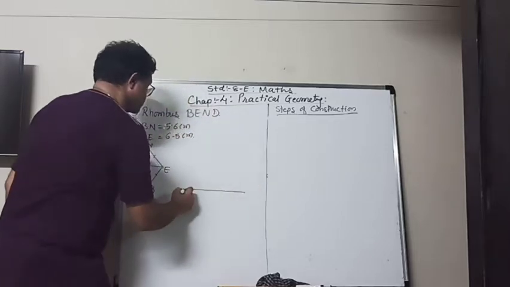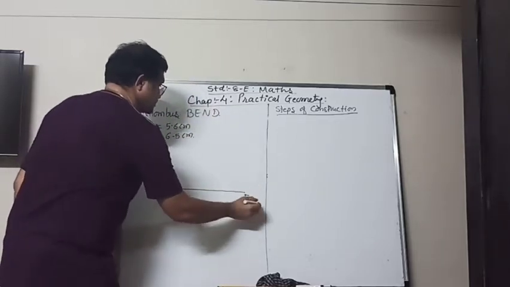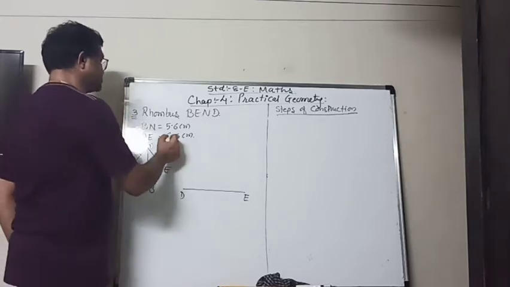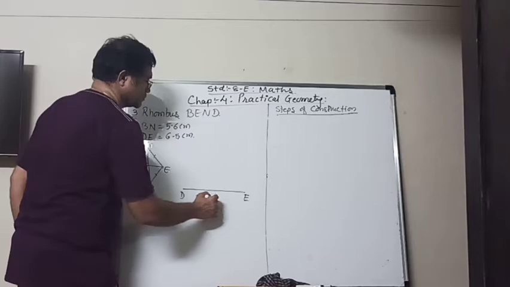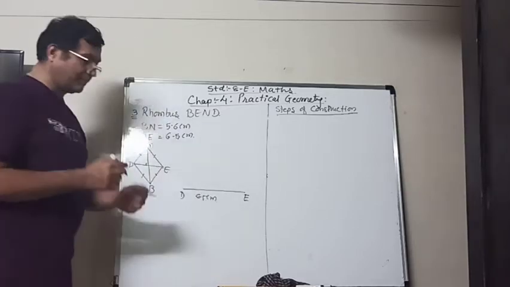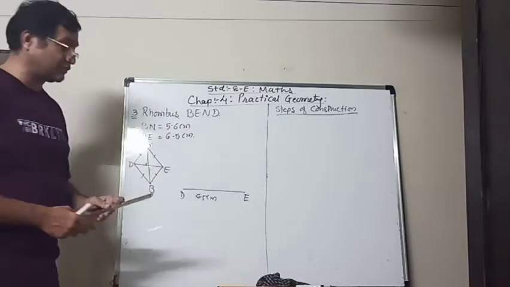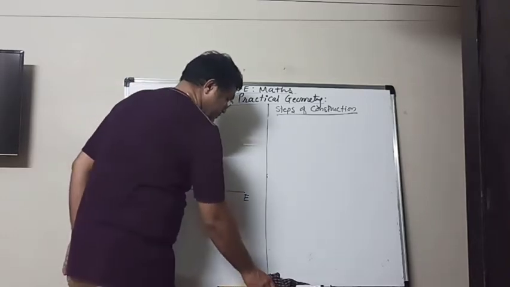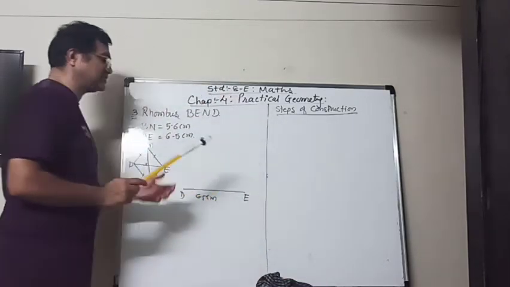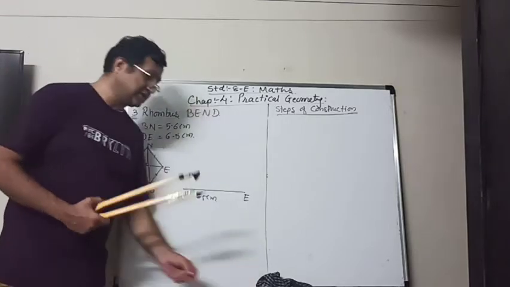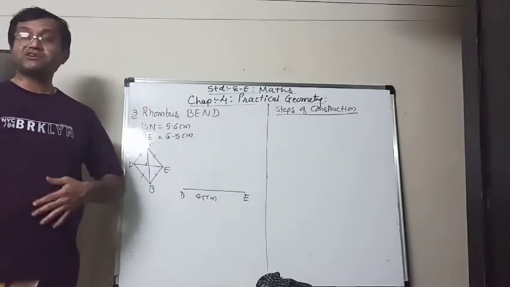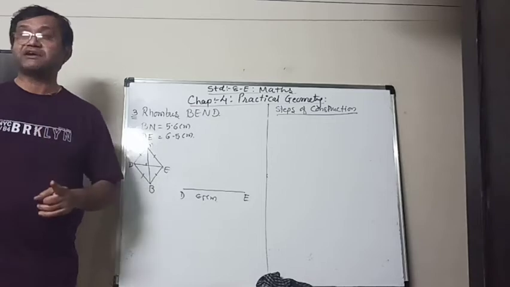That DE is 6.5 centimeter. Now I have to draw a perpendicular bisector of it. For the perpendicular bisector, what we have to do is that we have to take approximately more than half radius.